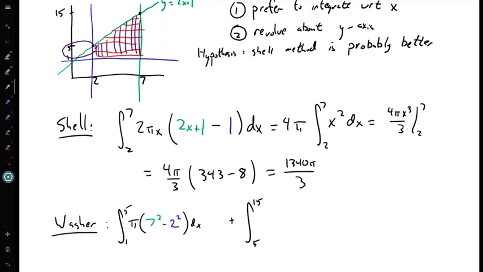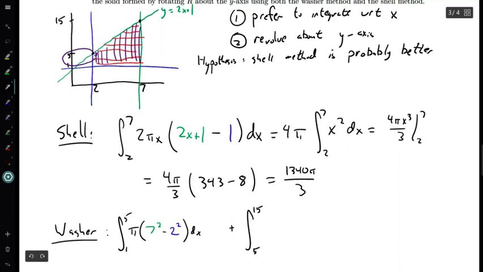Let's set up the other integral. So between 5 and 15, I'm looking at the upper bound on y, so I'm looking at kind of this region here. The upper bound on my x values, rather, are at x equals 7 here, so that is still pretty straightforward for us. Unfortunately, I've colored both of these curves green. Oh well. So we have 7 squared as the upper bound for x here. The lower bound comes from the x values on y equals 2x plus 1. So I need to solve for x here in terms of y.